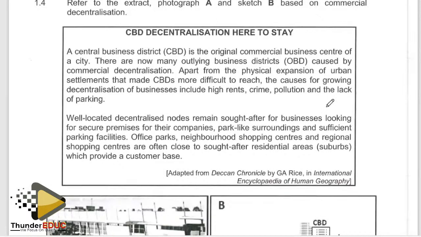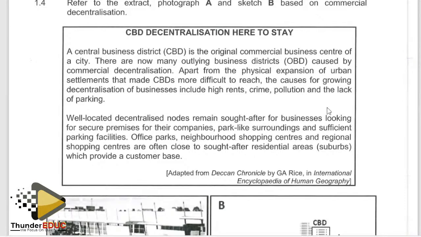Well-located decentralization nodes remain sought after by businesses looking for secure premises for their companies, park-like surroundings, and sufficient parking facilities. Office parks, neighborhood shopping centers, and regional shopping malls are often close to sought-after residential areas, suburbs, which provide a customer base.